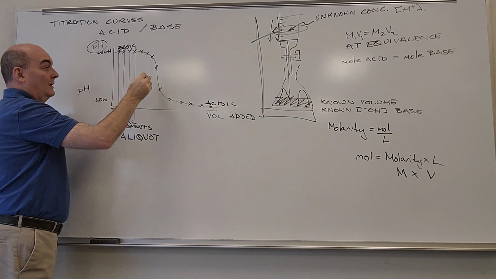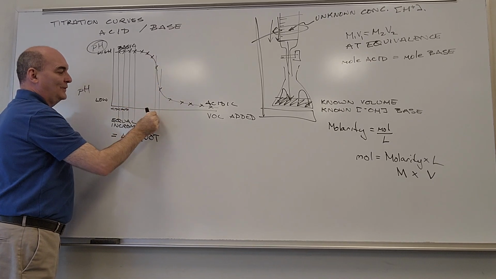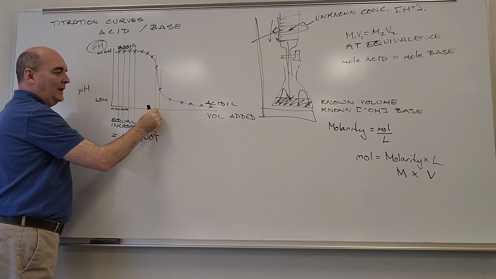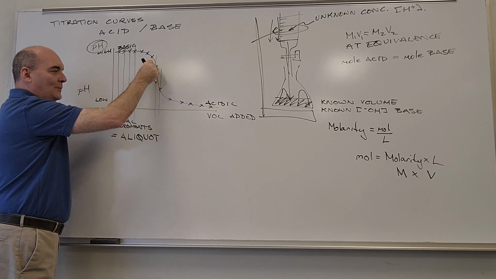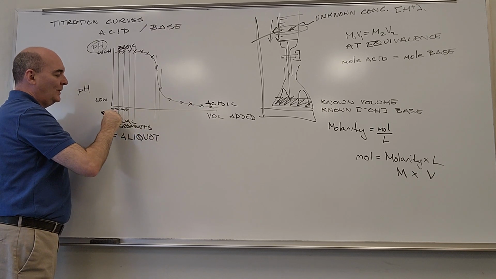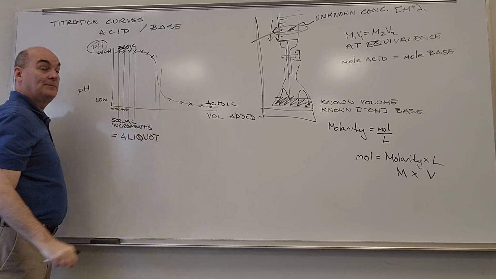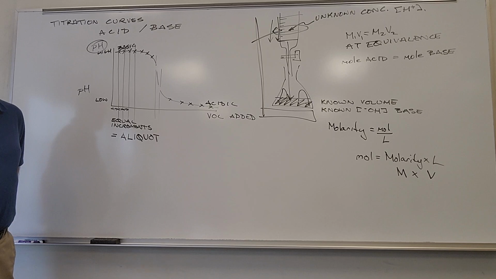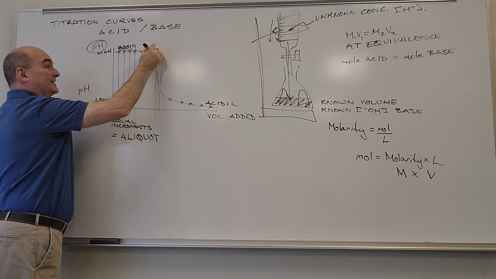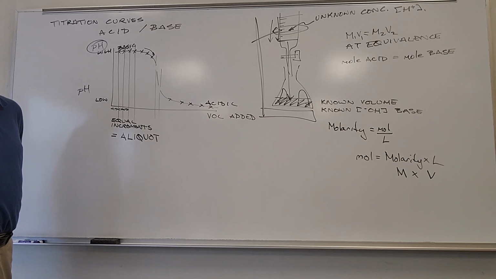And what happens is the change in pH versus the change in volume here is so big for such a small change, that if you were still doing it at this interval, there's a very good chance you miss these data points altogether. Which is why you really need to slow down close to the equivalence, and we'll spot that when it starts to turn here. Okay. In the absence of a pH meter, what are they called?